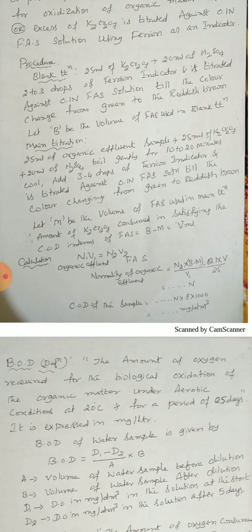Boil gently for about 10 to 20 minutes, then allow it to cool under a water bath. After cooling, add 3 to 4 drops of ferroin indicator and titrate against 0.1 N FAS solution until the color changes from green to reddish brown.